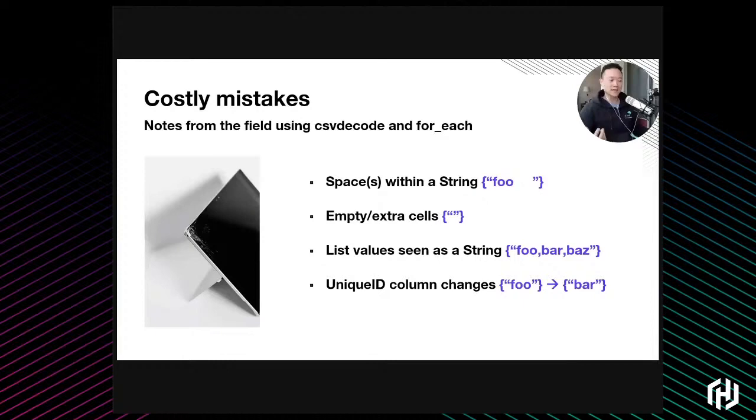And finally, last but not least, this unique column changes example. A few minutes ago, I mentioned that you can assign a unique column to your ForEach module or resource. If you make changes to the value of that unique column, so let's say my unique column is the virtual machine name, and I made a change to the virtual machine name in that column, it would want to recreate the entire resource.